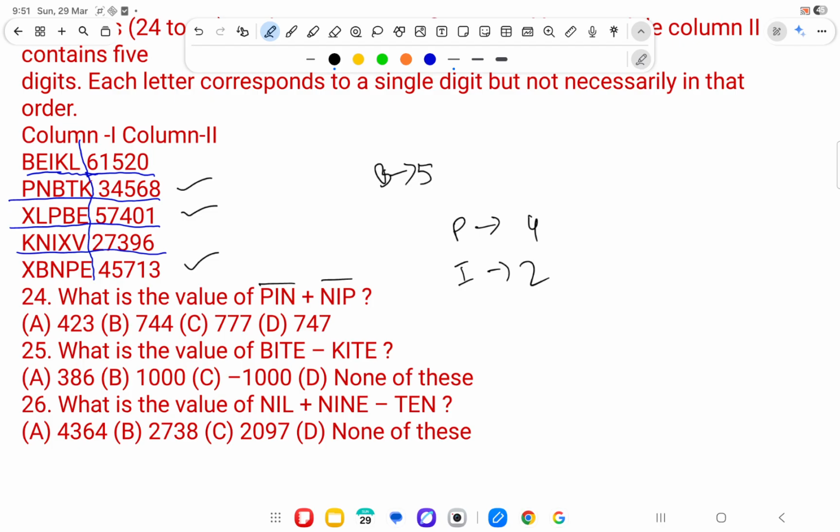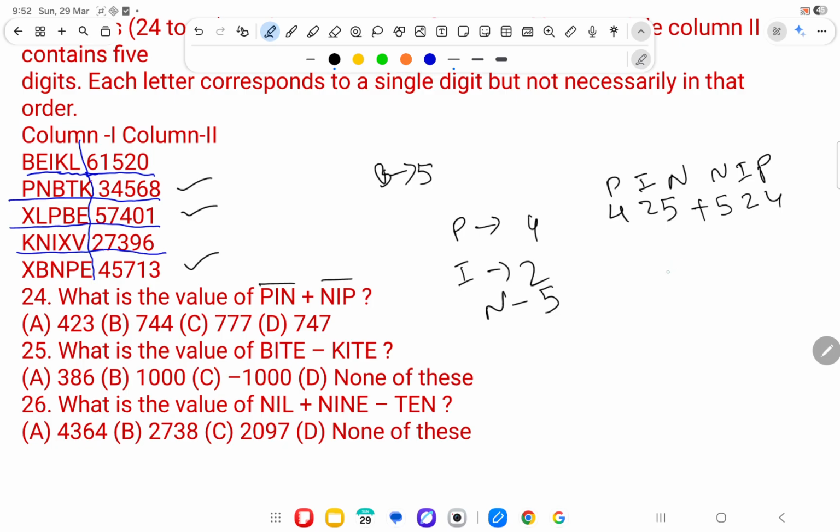Already 5 we coded for B. So N is for 5. Okay, so PIN is 4 2 5. Then NIP. N is for 5, 2, 4. So if adding these both, what will we get?